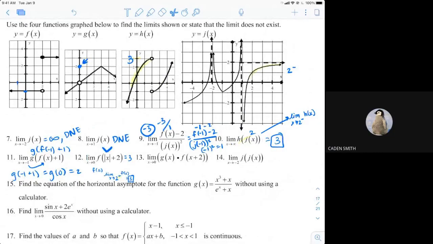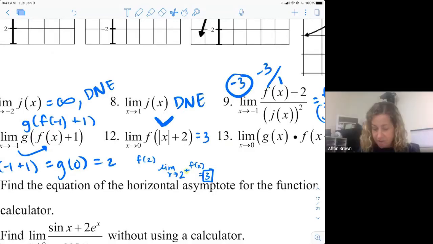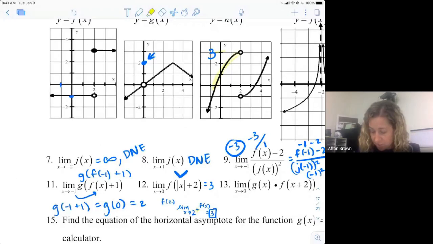Was that Kaden? Did you have a question? So you get 3 because that's where the y value of the one approaching positive is. Exactly, and you had to know. At first we could just plug in 0, and this just goes away and we get 2. So at first I'd say f at 2, but because the graph has 2 values at 2, I had to think more clearly about it.